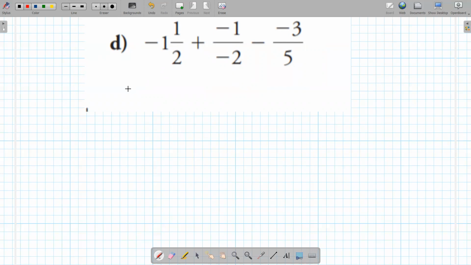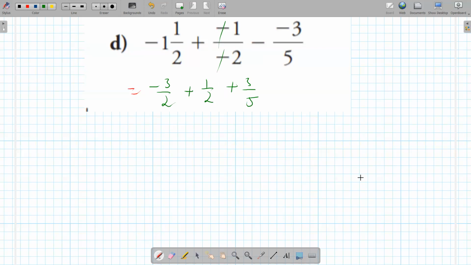So what does that become? -3 over 2 plus, you see there's a double negative sign. What happens here? Does it become positive? Yeah, these two negative signs just cancel out. So it becomes 1 over 2. And then also you see we're subtracting a negative number. That just becomes a positive. Whenever you're subtracting a negative number, you can just combine them into a plus sign.